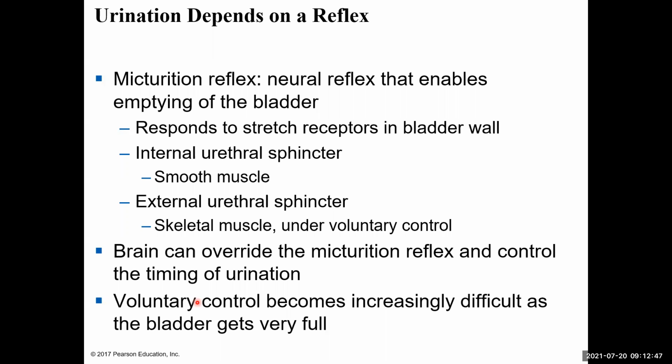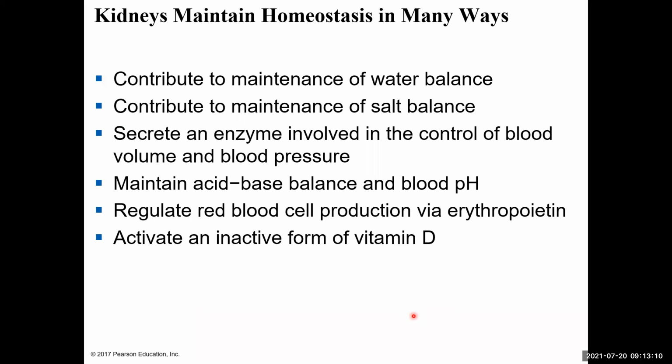The amount of stimuli will increase, and the body will know the bladder is getting really, really full. And so that voluntary control becomes more and more difficult as those stretch receptors expand. And so you only can control that micturition reflex to a certain extent, and then your body will eventually override it. Now, the kidneys, they maintain homeostasis in several different ways.